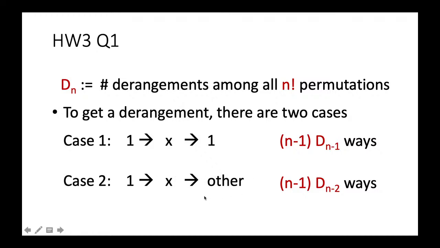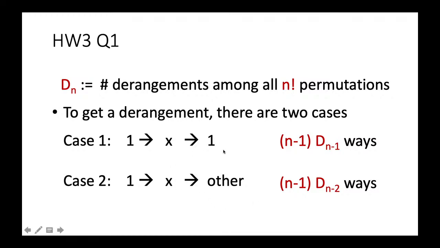And all the other numbers should not go to itself, and the last number will go back to Y. So we are merging x and 1 together so that we are looking at only n minus 1 effective numbers instead of the original n numbers. So if 1 goes to a particular x and x goes to some other number, the number of ways that we can have is d_(n-1). But there are n minus 1 choices for this x. So the number of ways is n minus 1 times d_(n-1).